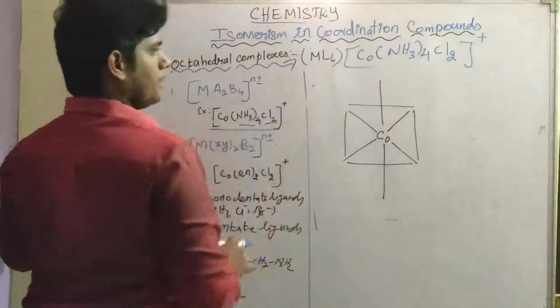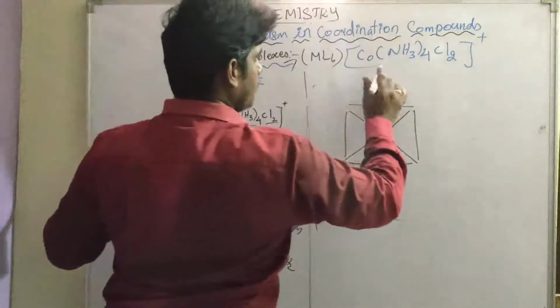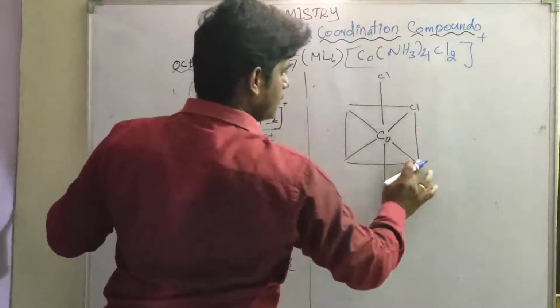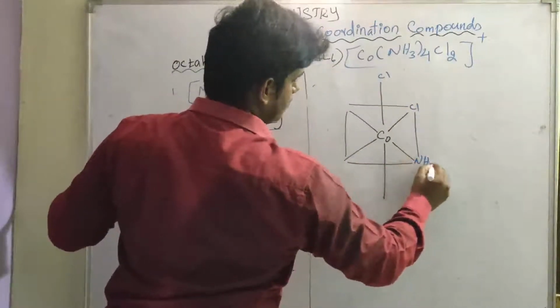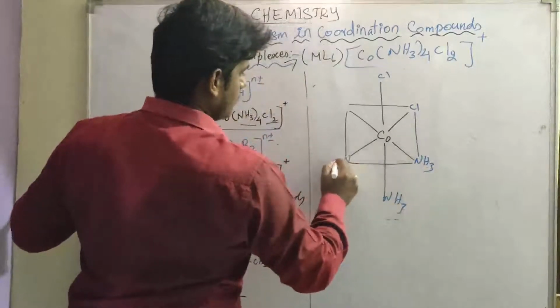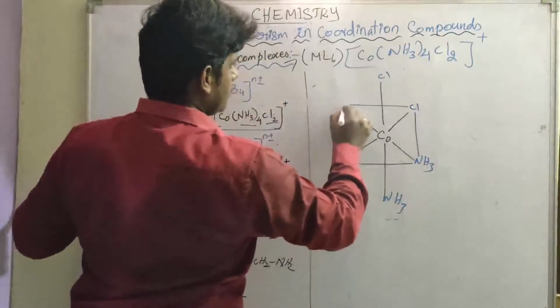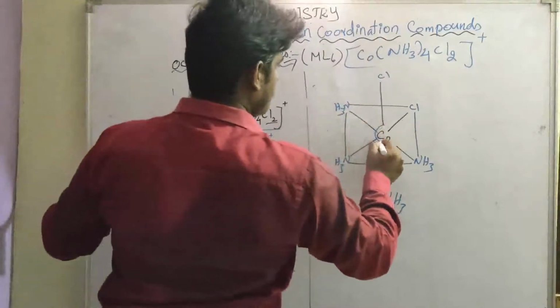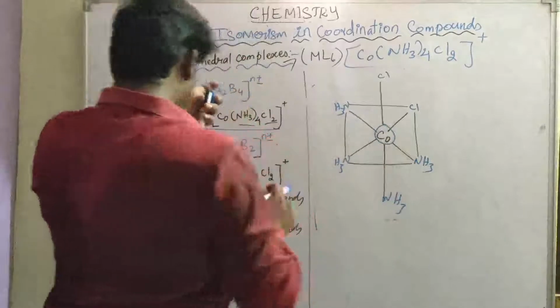So 4 amine ligands and 2 chloride ligands. Cl, it is also Cl. NH3 amine, NH3, here also NH3, here also NH3.